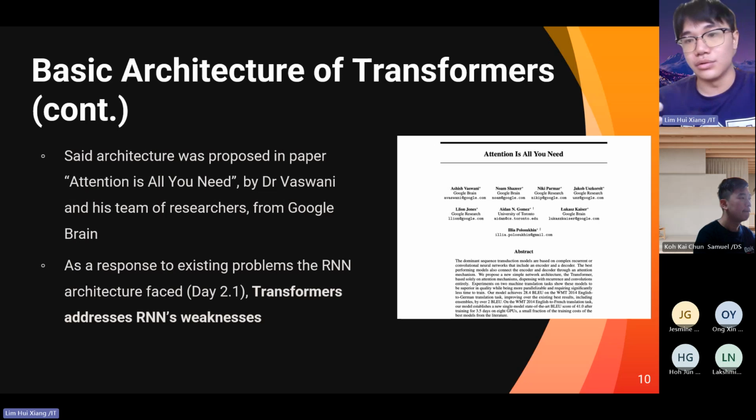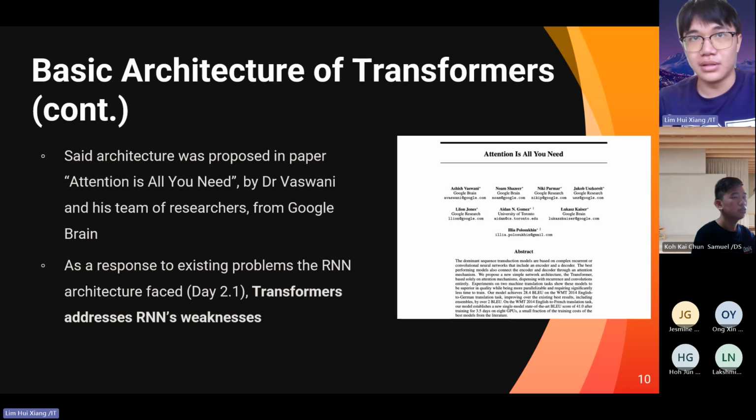Let me quickly go through what I said. In order to do large scale text translation and so on, a huge amount of data processing is needed. You have to feed the words into the model. And because RNN doesn't really take advantage of parallel computation, that makes the whole process much slower.